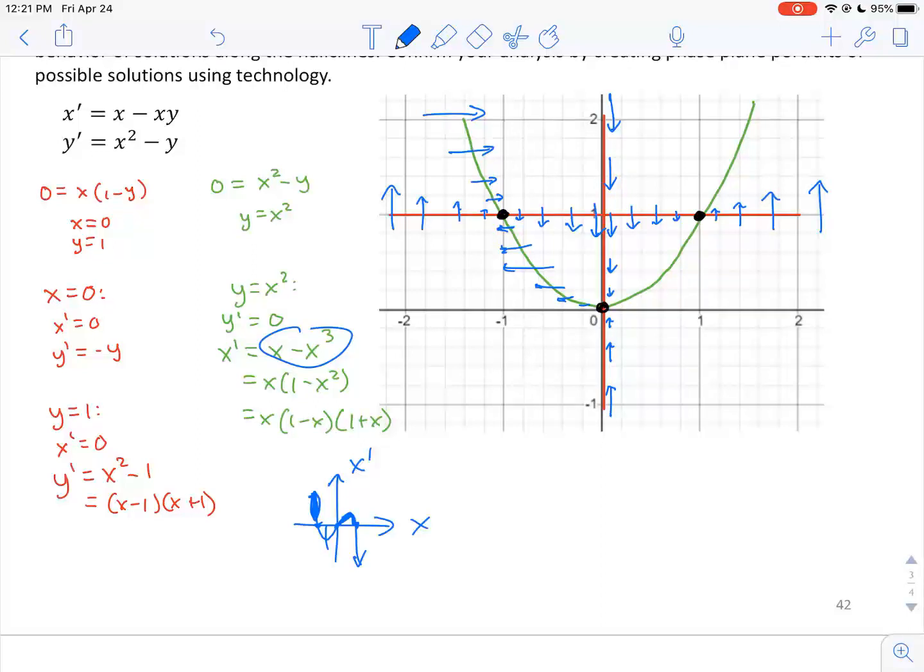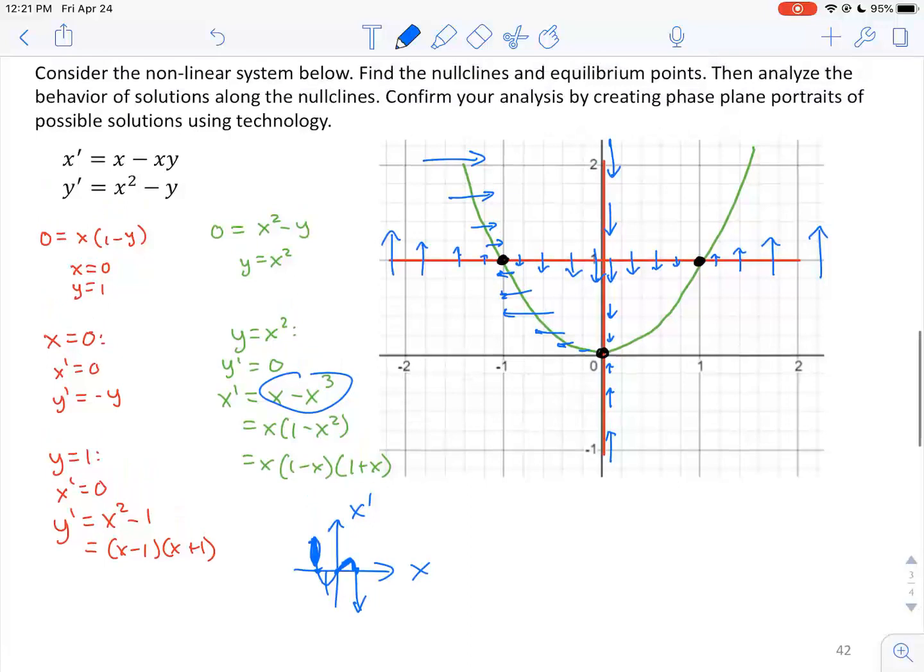Between 0 and 1, it does just the reverse, but to the right, because x primes are positive. So a little bit to the right, a little bit more to the right. At some point it's going to be the most to the right, and then it's going to slow down again. And then finally, along that last portion, x primes will be negative, but increasingly so. So more and more to the left is what we expect the solutions to do.